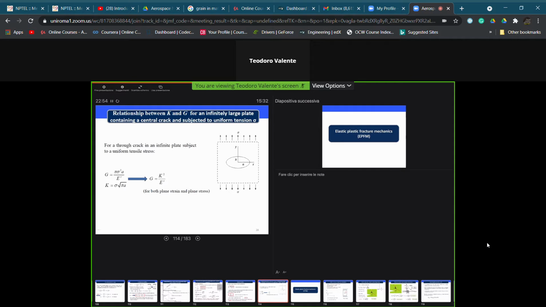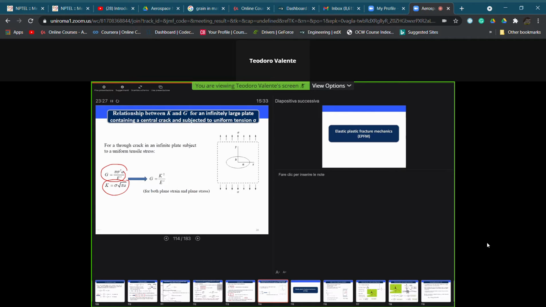And again, for example, with this simple case of the infinitely large plate containing a centered crack having a total length equal to 2a, the value of G is defined in this way. The value of the stress intensity factor, I have not written the geometric factor, but if you want, you can write it inside, is equal to this expression.